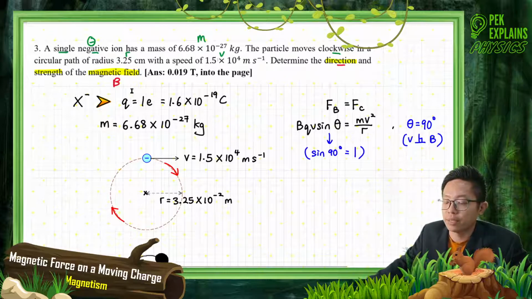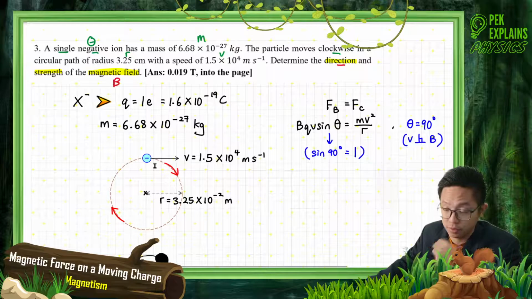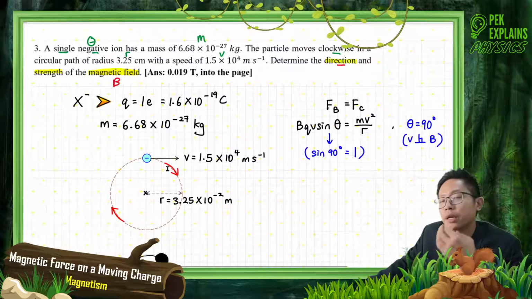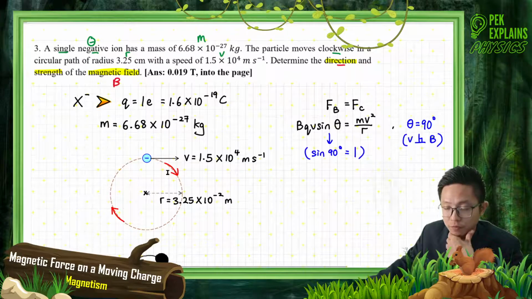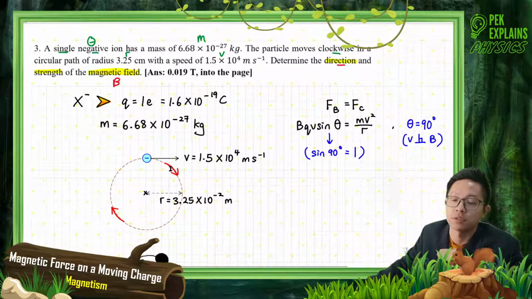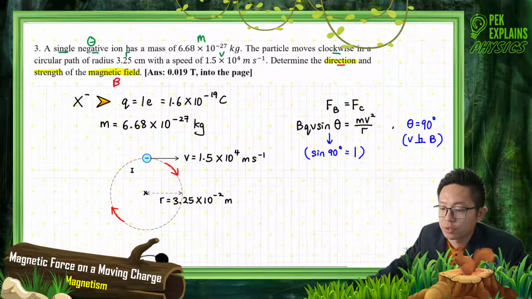Find the direction of the magnetic field. Okay, so I'm pretty sure this charge experiences a force. That's why it moves in a circular motion, as though it experienced a centripetal force. So what do you think is the direction of the force first? Before we find the field, first we need to find the magnetic force. I can imagine this particle moves clockwise like this.